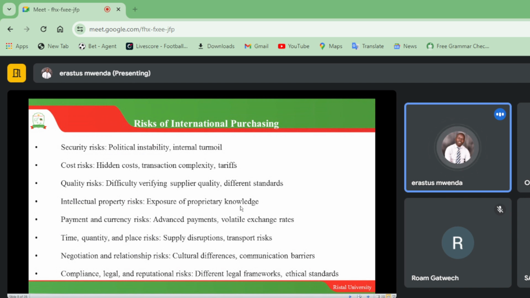The second risk is what we call the cost risks, and this is in relation to things like hidden cost. Sometimes the price that you are seeing on an item may not be necessarily the actual price. Maybe we have other hidden costs.